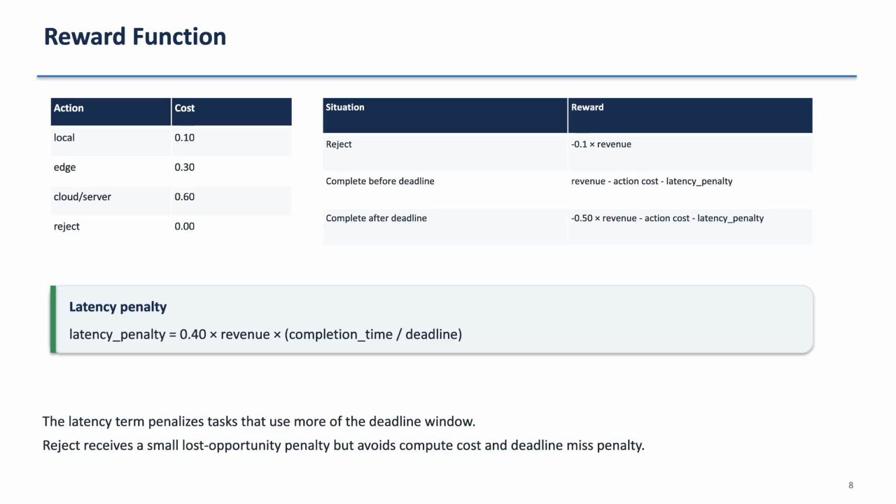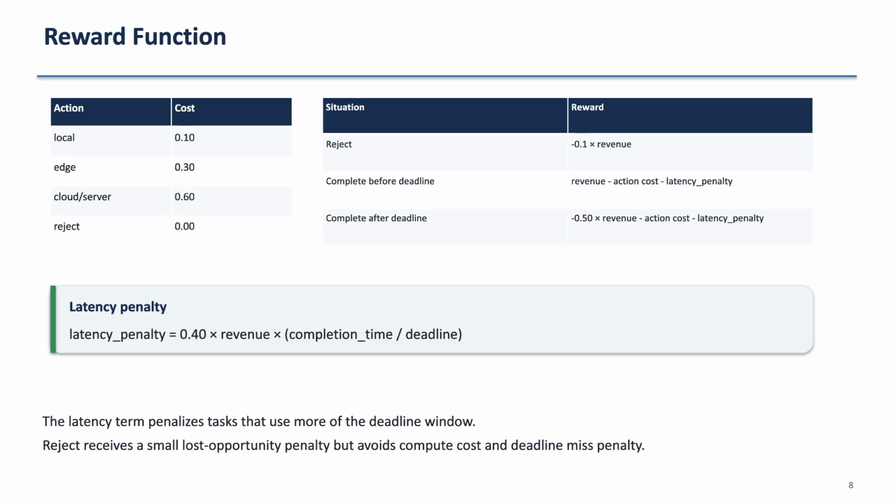When the task is completed before the deadline, the reward is equal to the revenue minus the action cost minus the latency penalty. When the task is completed after the deadline, the reward is equal to minus 0.5 times the revenue minus the action cost minus the latency penalty. For the latency penalty, the rate is 0.4.